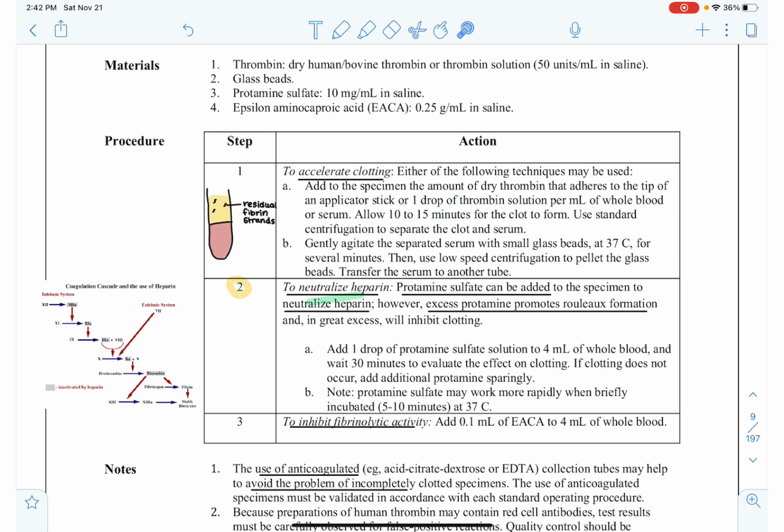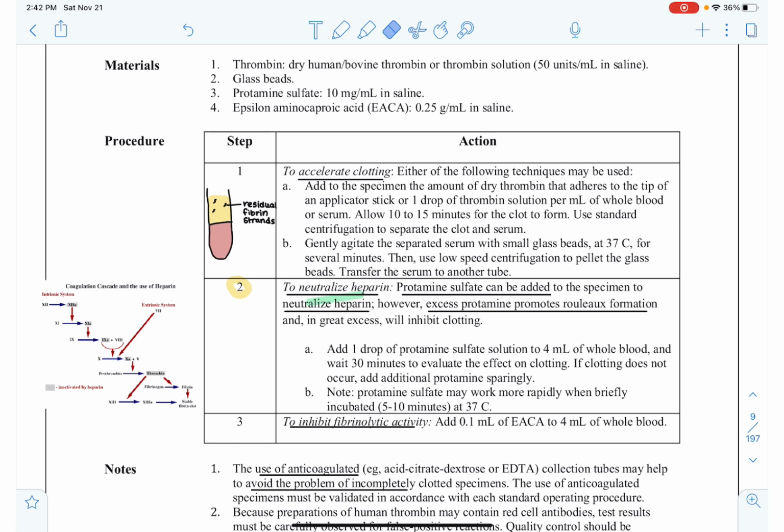We'll use a standard centrifugation to separate the clot and the serum, and then we'll gently agitate the serum with small glass beads and spin at a low-speed centrifugation to pellet the glass beads. We'll then transfer the serum to another tube, and the hope is that the thrombin has removed the fibrin, and we can now go ahead and test this sample without any interference.